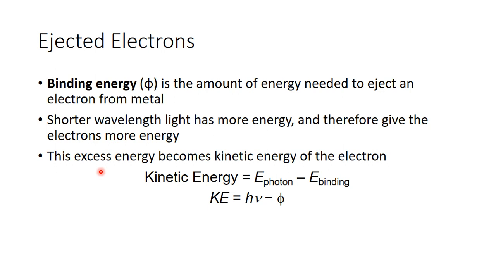Any excess energy becomes kinetic energy, the energy of movement. That's what ejects the electrons from the metal. Kinetic energy equals the energy of the photon being shot minus the binding energy. We just talked about what the energy of the photon is, and here's our symbol for binding energy.